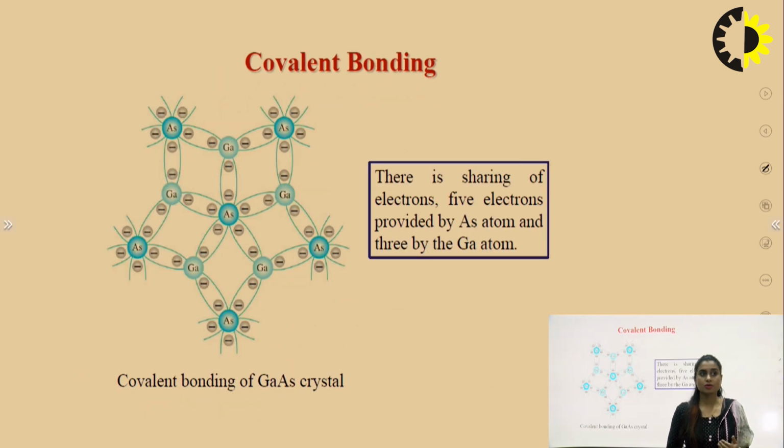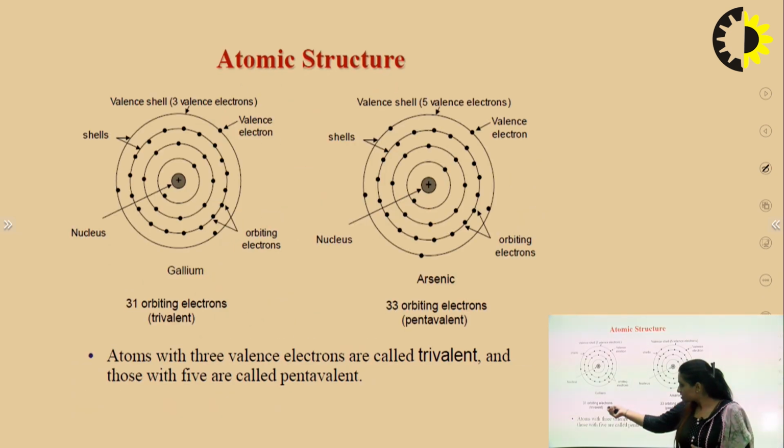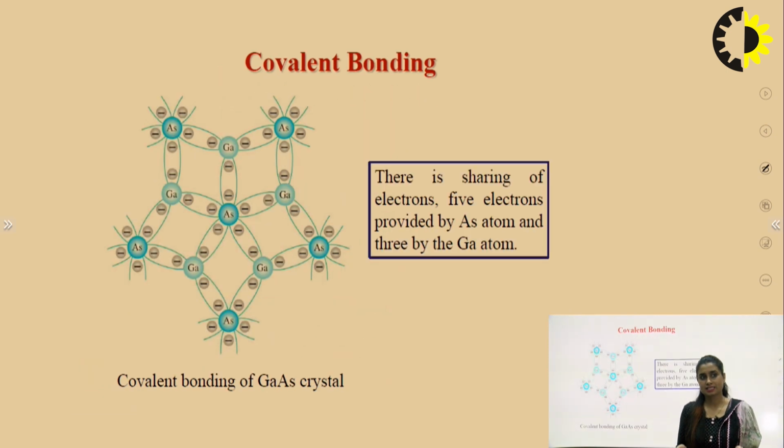Now let's talk about gallium and arsenic. Now as we see, gallium has 3 electrons in the outermost shell and arsenic has 5 electrons. 5 plus 3 will also make 8. So they can also form a covalent bond, and the crystalline structure of GaAs will be somewhat like this, where gallium will be sharing its 3 electrons and arsenic will be sharing its 5 electrons.